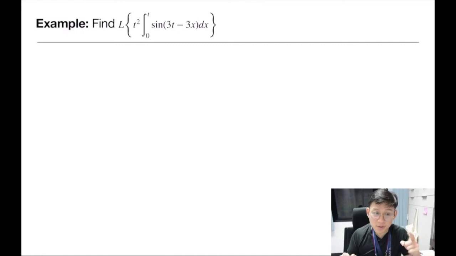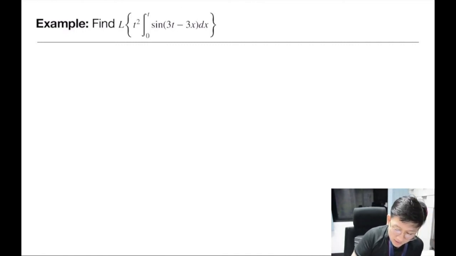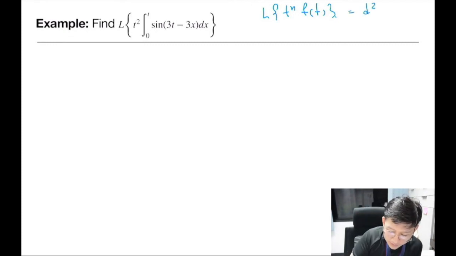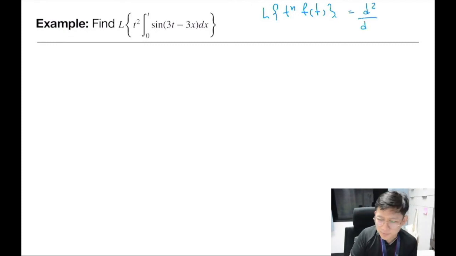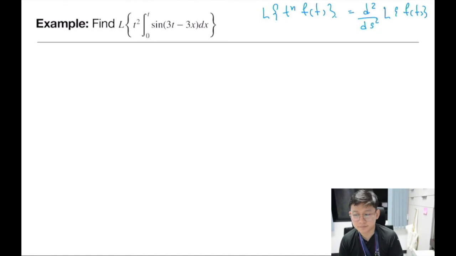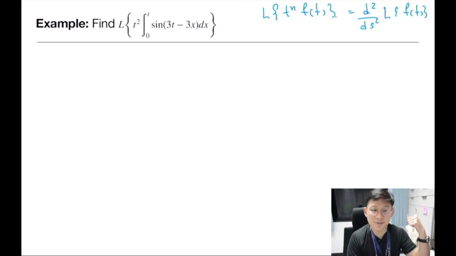If you remember from the previous video, we have the technique for Laplace transform of t to the n f(t): you need to find the nth derivative of the Laplace transform of f(t). That's the second technique in the previous video.